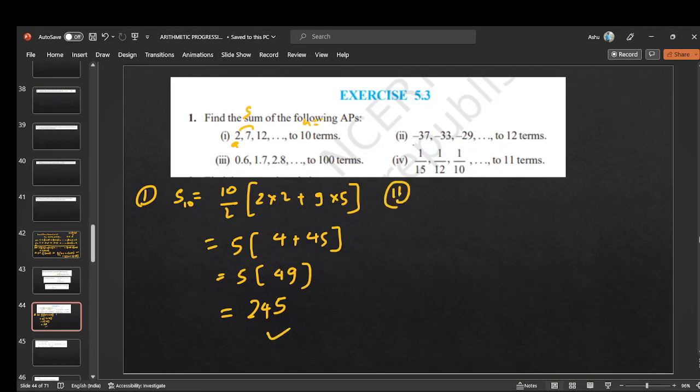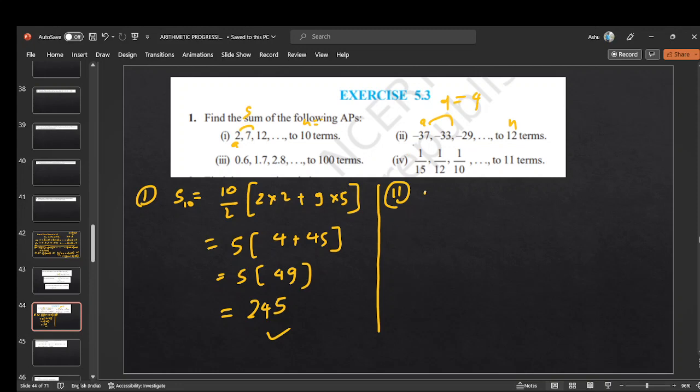Now for the second part, what will be the result? For the second part, n is 12 and a is minus 37. What is d? Minus 33 minus minus 37, then 37 minus 33, it will be 4.